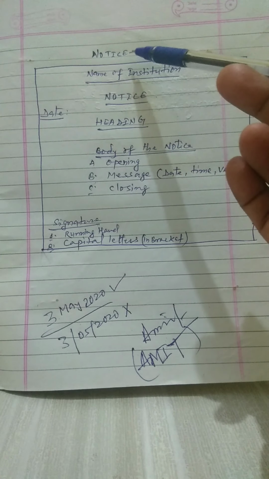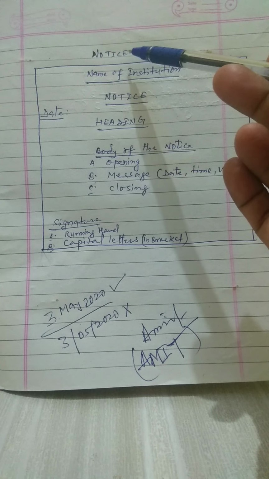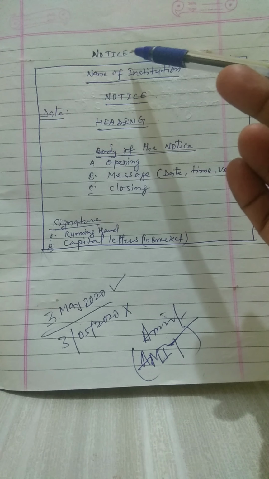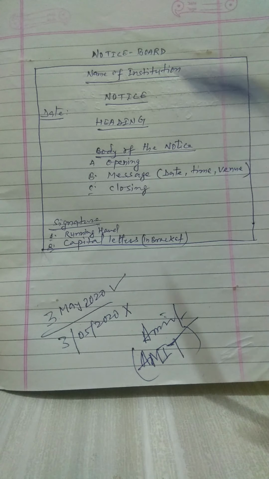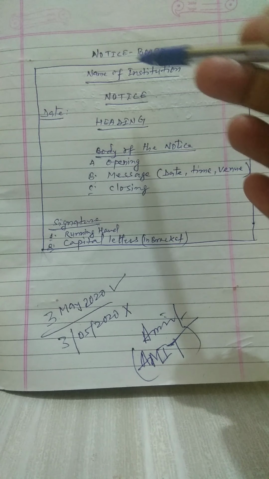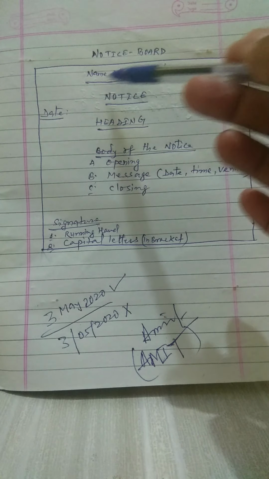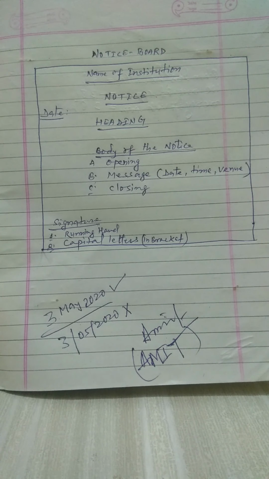Between the words notice board there is a hyphen, a punctuation mark. Then inside the box, we write the name of the institution. According to the question, it may be the name of a school, college, club, anything, and we write it here, also in capital letters.